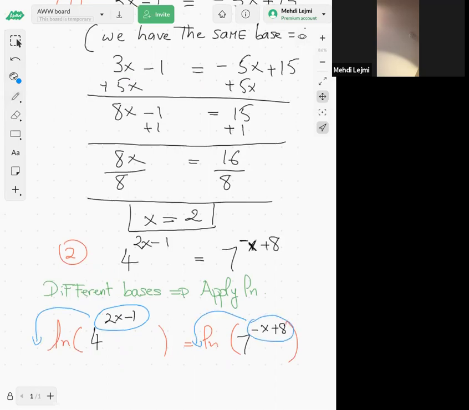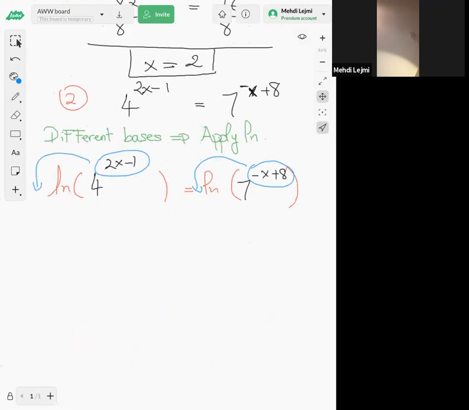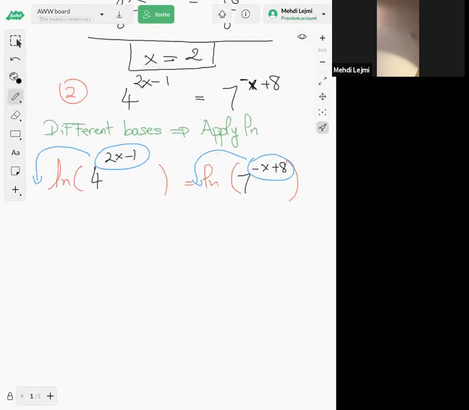So that's 2x minus 1 times natural log of 4. And on the right side, it's minus x plus 8 times natural log of 7. All right, now first you distribute.